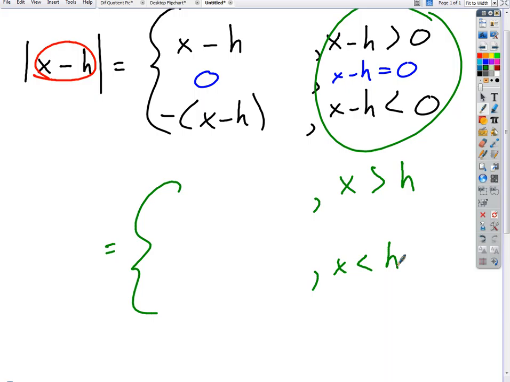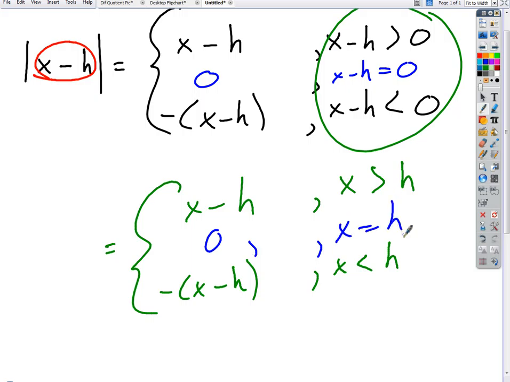So now we know where on the graph the absolute value function is going to produce that line, in terms of h, and h could be anything. When is the absolute value function going to output that line, which is different? Well, there. And where is it going to have a value of 0? When x equals h. The in-between case.